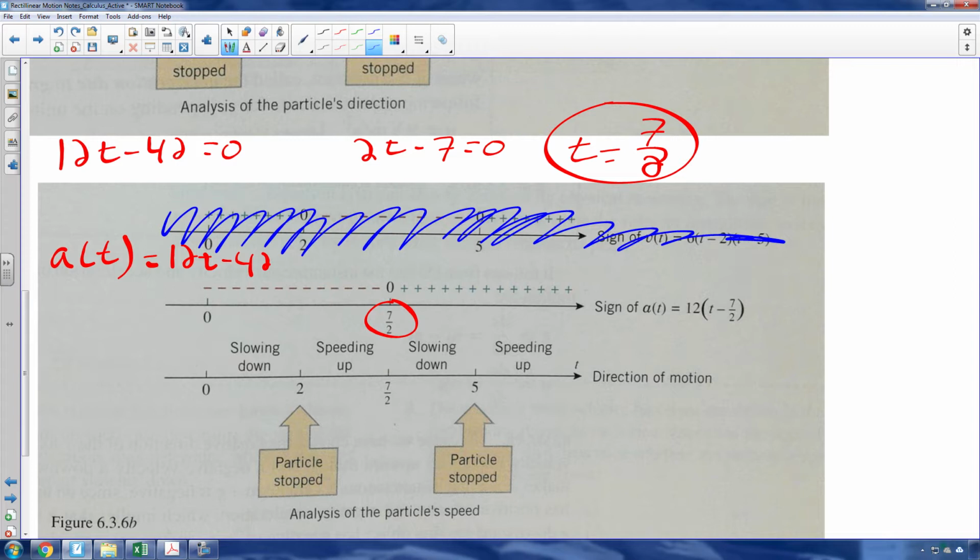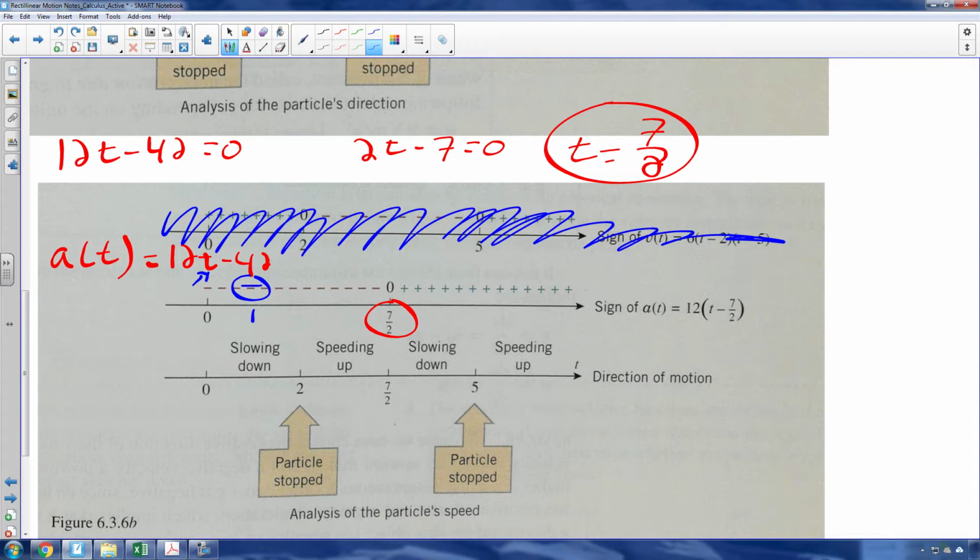Can't divide by 12, no. So if you divide both sides by 6, you get 2t minus 7 equals 0. So this is an acceleration of 0 at 7 over 2. That number goes onto our acceleration number line. So this 7 over 2 is on our acceleration number line.